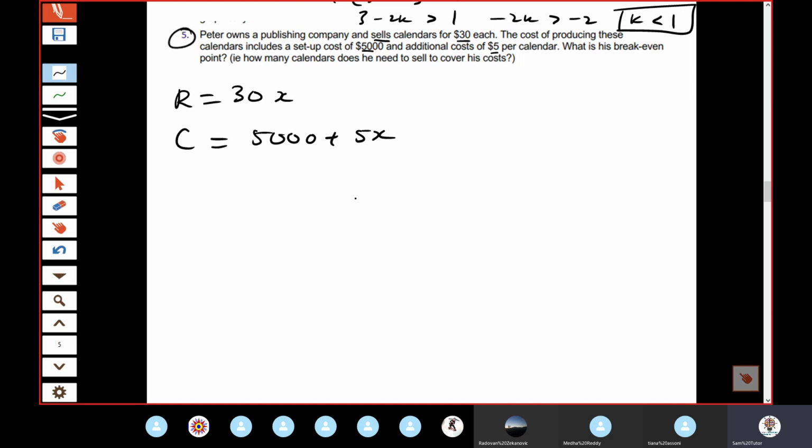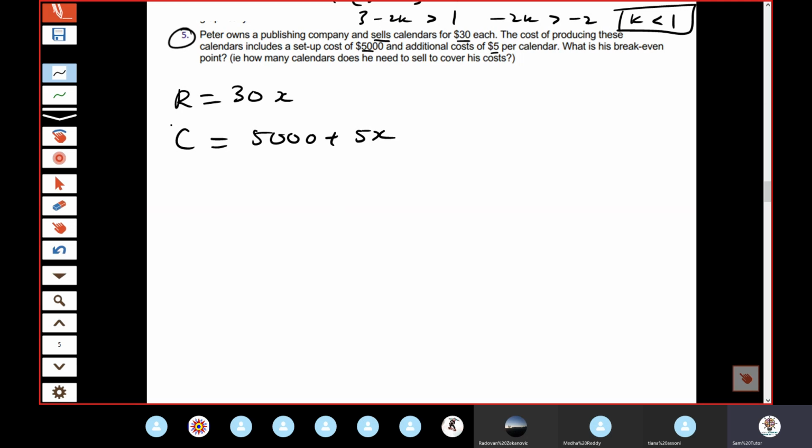And how do you work out break even? Revenue must equal to your cost.